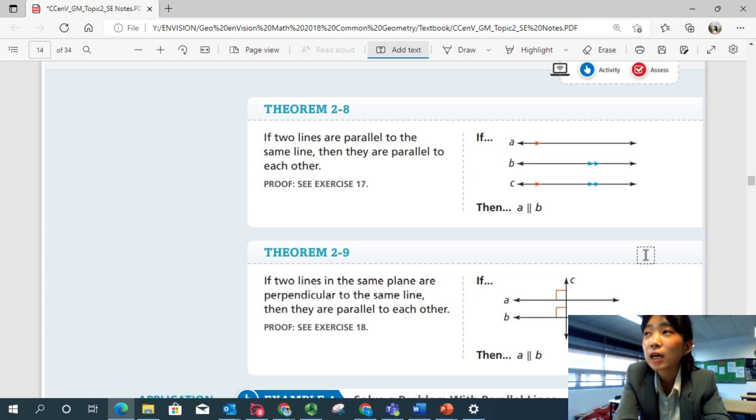Theorem 2-9 says if two lines in the same plane are perpendicular to the same line, then they are parallel to each other. Does that make sense? If A and B are both perpendicular to the same line, line C, they make a 90-degree angle to that same line, then lines A and B are parallel.